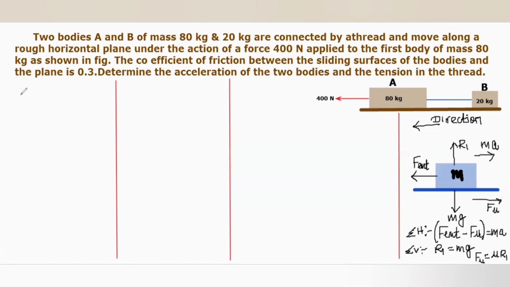Okay, the free body diagram of object A, that we are going to do here. First thing, this object is lying on a horizontal surface, that we discussed already. It is on a rough horizontal surface.